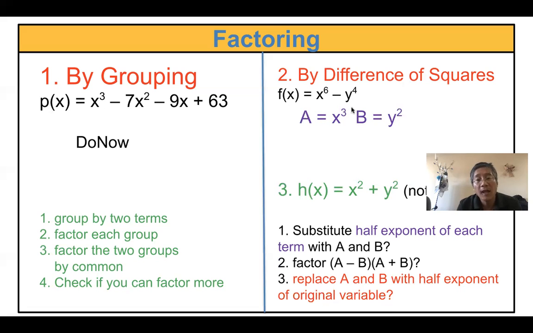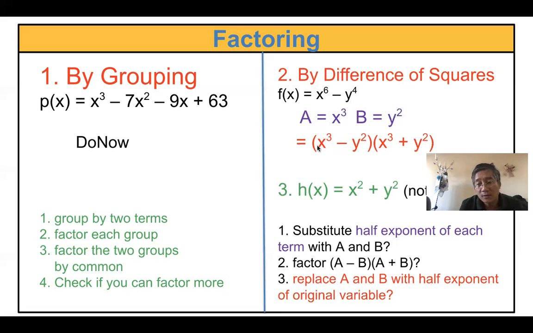Then a is half of that power: a is x to the 3rd power, right? And b is y to the square power. So this is the a squared minus b squared form, so a minus b, a plus b: x cubed minus y squared, x cubed plus y squared.